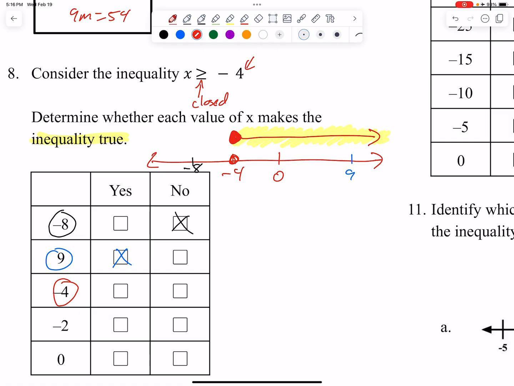Yes, because -4 I can say is equal to -4. So that's true. -2 is right there. Does that work? Yes. And then 0. Does 0 work? 0 is right there. Yes. So basically all of them, especially if they're positive, worked out. And then the negative numbers, they just had to be on the right side of the -4.